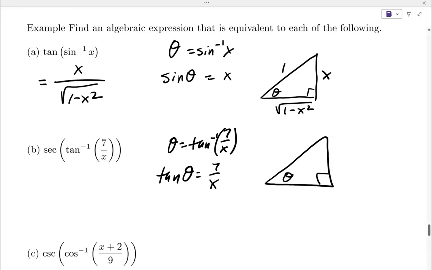What can we label? Opposite 7, adjacent is x. Good. Can we figure out the hypotenuse from that information? 7 squared plus x squared is hypotenuse squared. So take the square root, you'll get the square root of x squared plus 49.